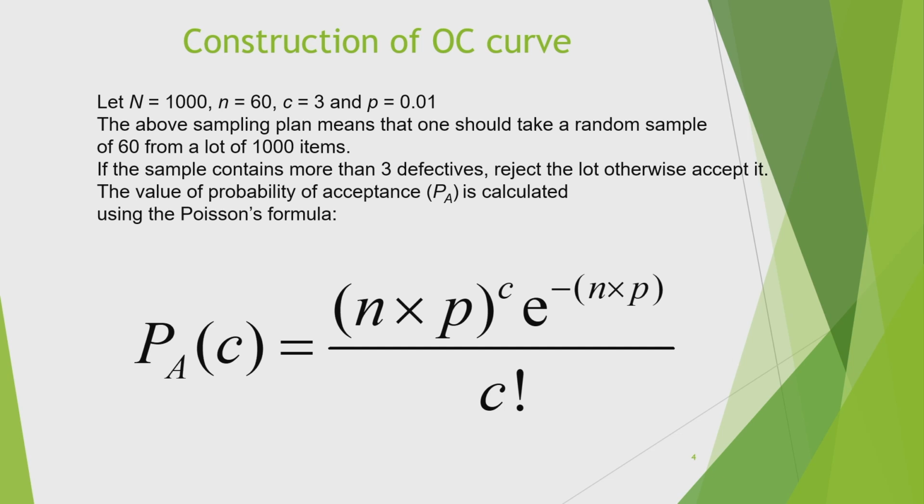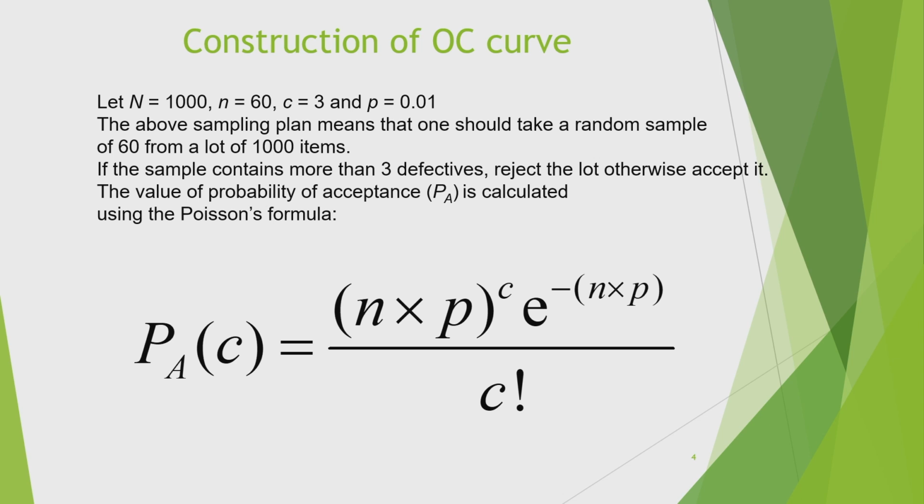We can use the binomial formula also, but in this case the Poisson formula is appropriate, particularly if n is large, around maybe 60, 100, that type of range is okay, and P is very small. In that case the Poisson distribution also gives proper results.